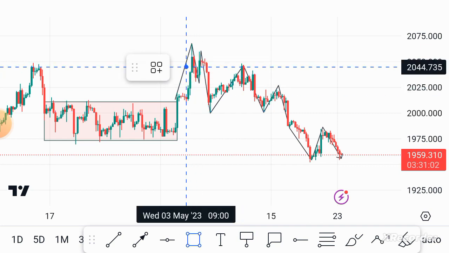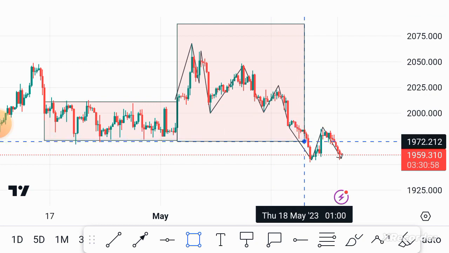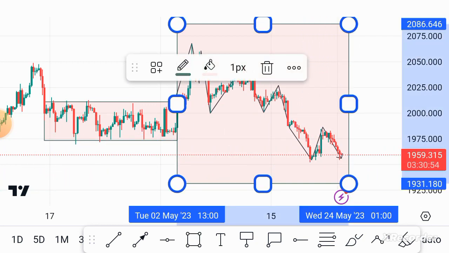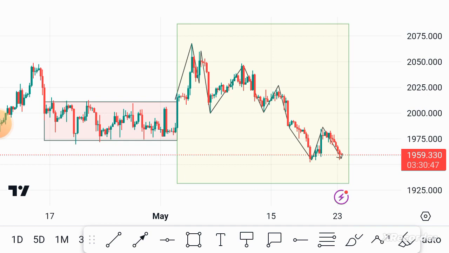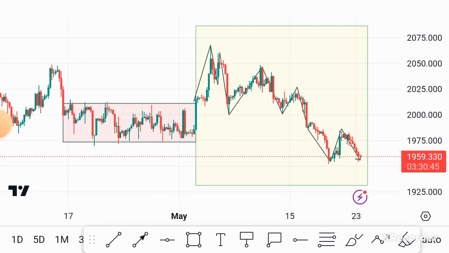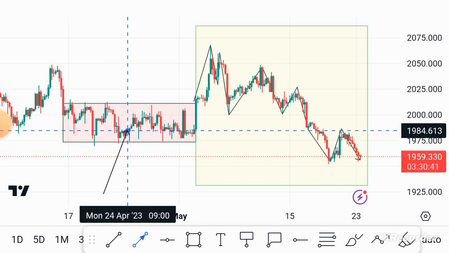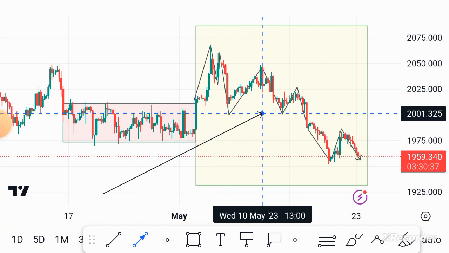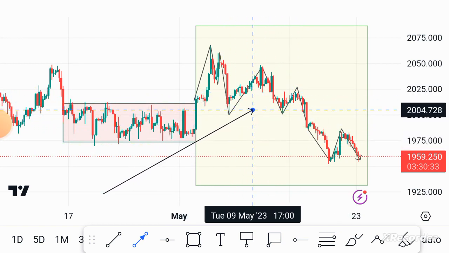For example, this is a typical example of a trending market. So this is a good example of a trending market. Okay, so this is a range, this is a range, and this is a downtrend market, a downtrend scenario.